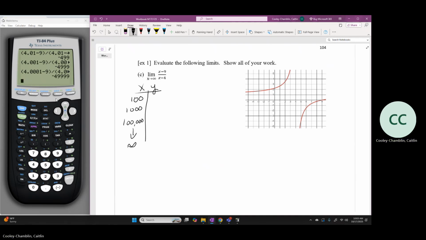Okay, so let's plug this in. We have 100 minus 9 divided by 100 minus 4. Then we get 0.94.